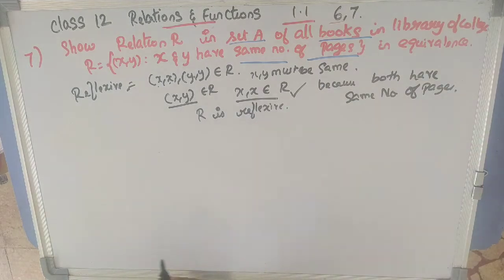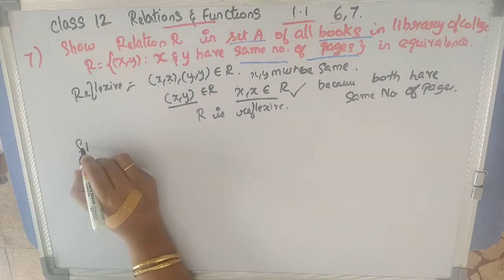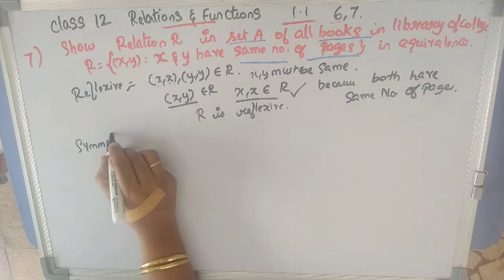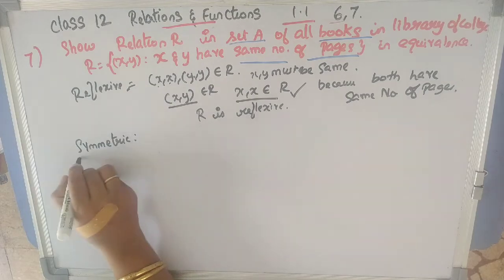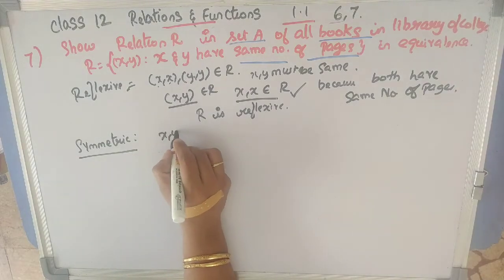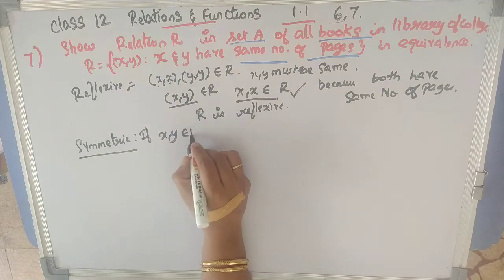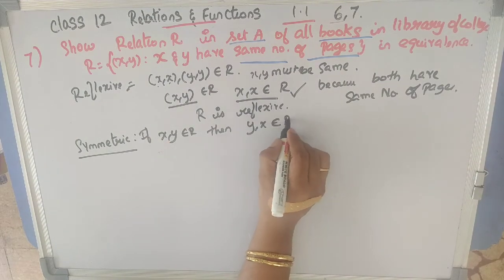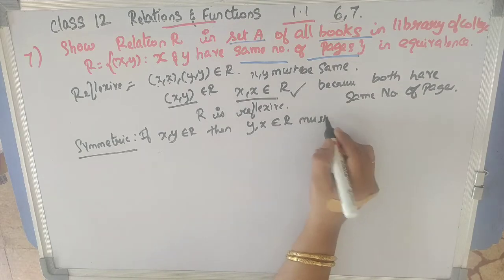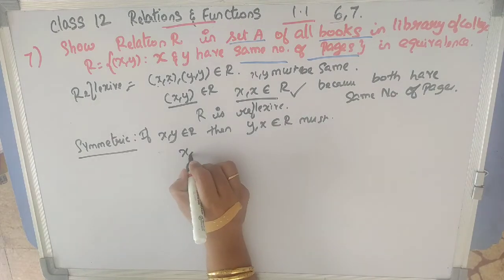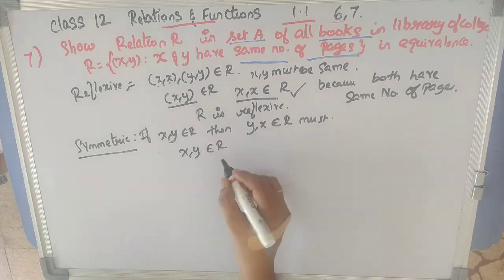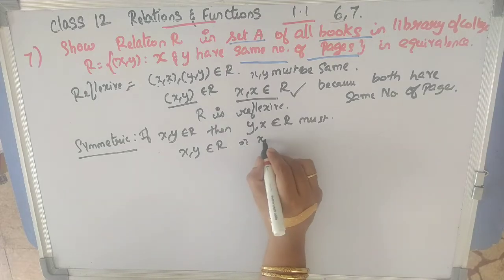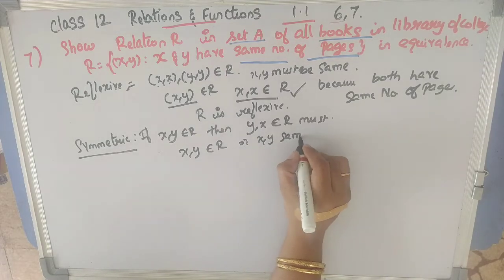Clear? Do you understand? Now, let's check whether the relation is symmetric or not. What is a symmetric relation? If (X, Y) is an element of R, then (Y, X) must also be an element of R for the relation to be symmetric. Clear? Both (X, Y) and (Y, X) must be elements of R. Here (X, Y) is an element of R. What is the meaning of that?